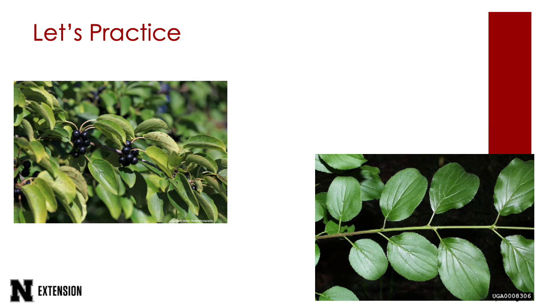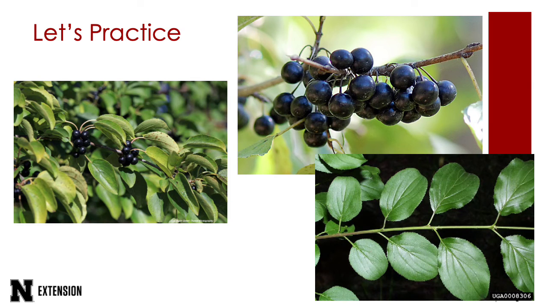Okay. Let's look at one more. So in this instance, we have a shrub, and the shrub has sub-opposite leaves. So they're not exactly opposite, they're not completely right across from each other, they're sub-opposite. They're kind of round, shiny. We've got these dark black fruits that develop in clusters.